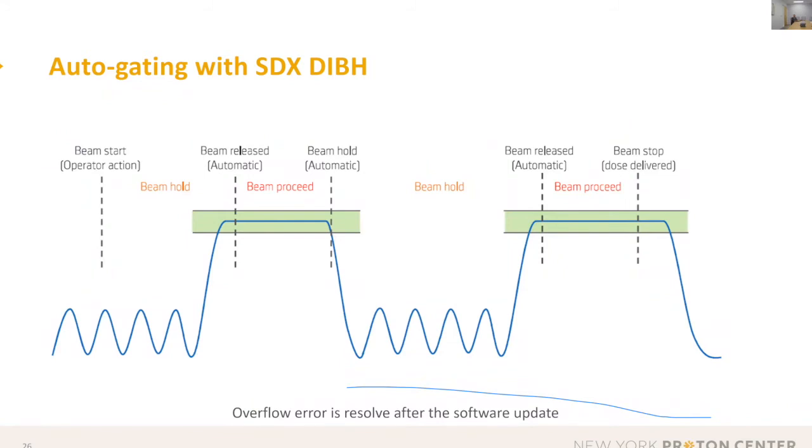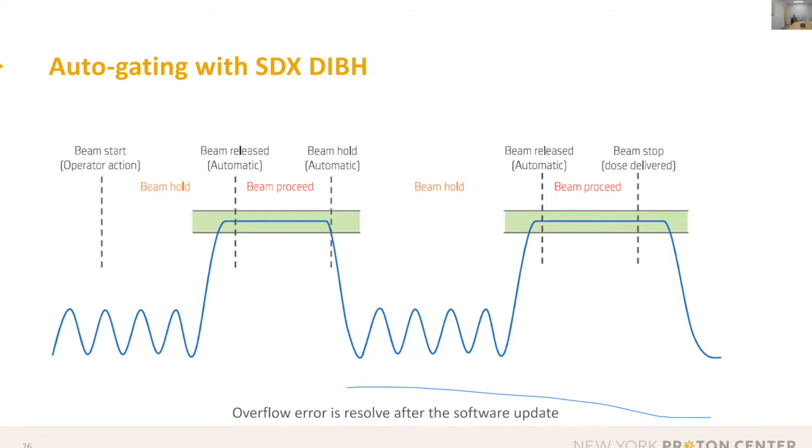When we introduced this auto gating into our clinic, we did validation, and we did experience some challenges, mainly because some patients can drop their breath very sharply. They are already holding, and they really wait for you to give them the green light, saying I can stop the breath hold, and some patients drop really fast here, and cause an error called overflow.